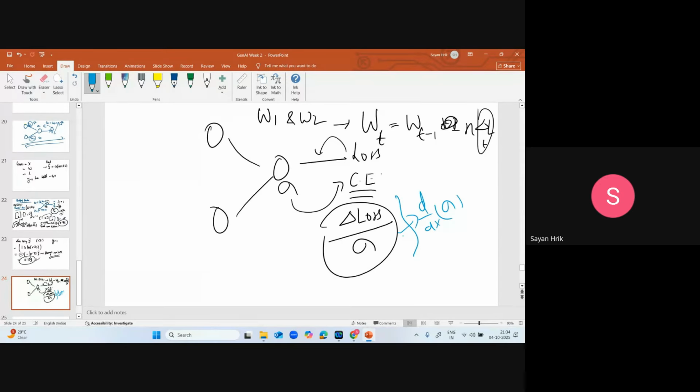And what is the derivative of the sigmoid? Sigmoid times 1 minus sigmoid. So my first derivative, the gradient of this loss with respect to sigmoid, is simply 0.73 into 0.27. Correct? Yes. So I've got this derivative.